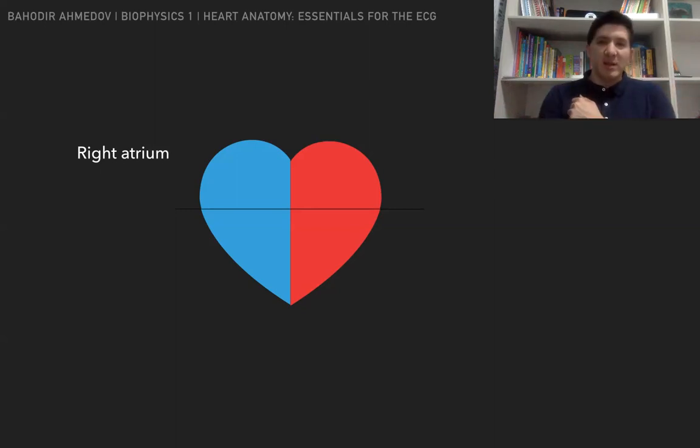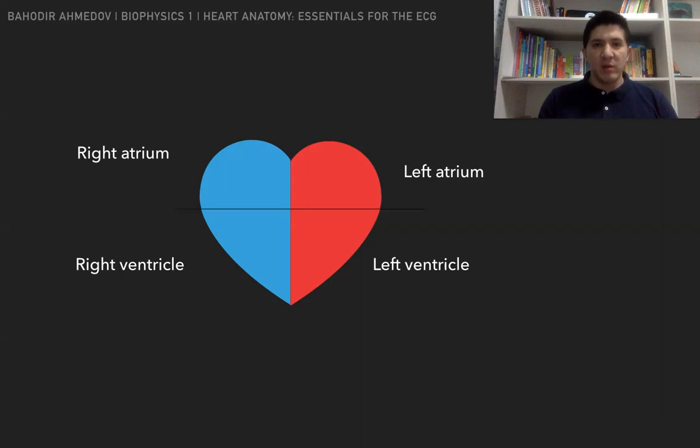In order to understand the orientation of the heart, you need to assume that you are looking at me from inside of the heart. That is why this part is going to be called the right atrium. This one is the left atrium, then the right ventricle, and the left ventricle.